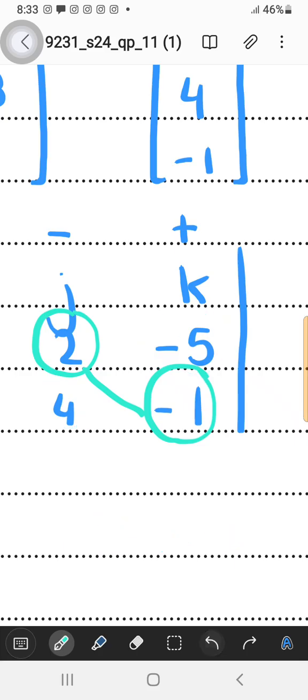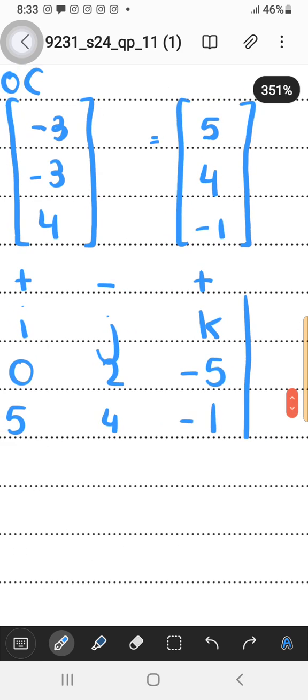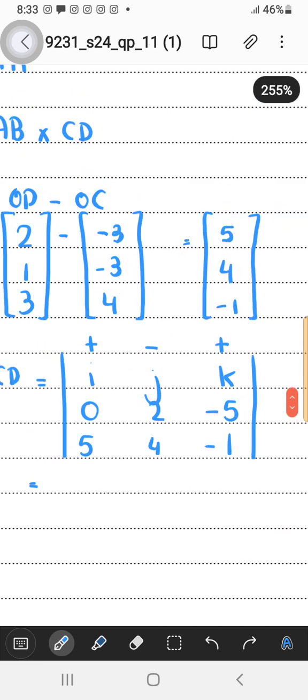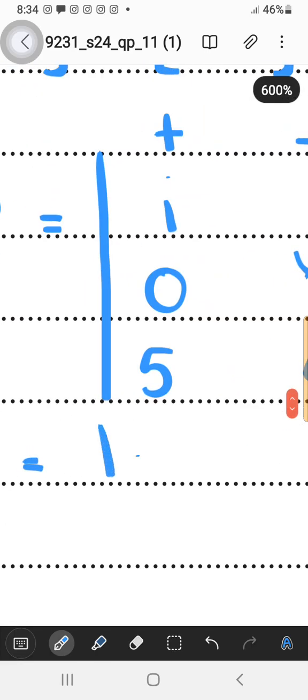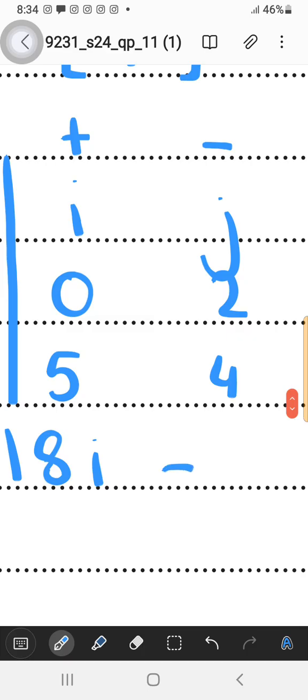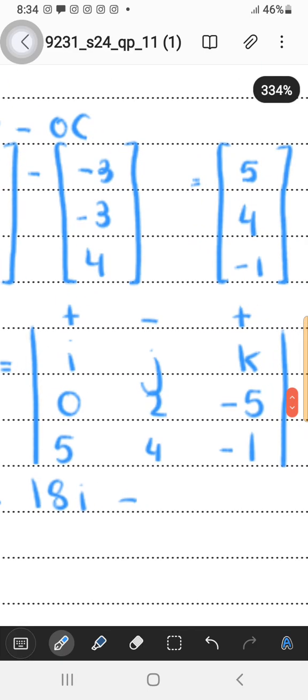What we did, we ignored the I, we worked on J and K, and we find 2 by minus 1 as minus 2. Then we take minus between them, and then we find 5 by 4, which we got minus 20, and minus 2 minus 20 becomes minus 2 plus 20, and it becomes 18. So it is 18I.